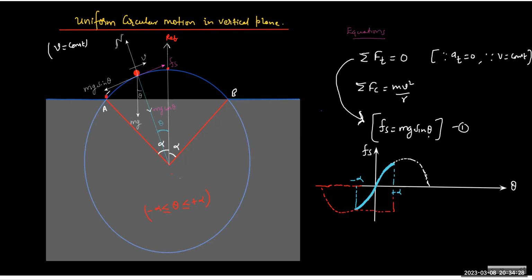So at A, the slope is maximum, right? Mg will have maximum effect down the plane. So at A, the Fs will be maximum. So to move from A to B without slipping, what is the maximum friction we need?